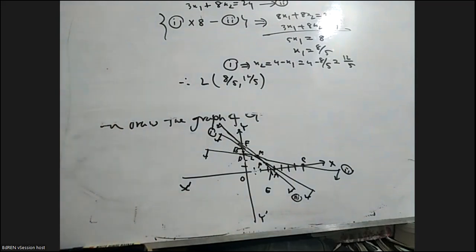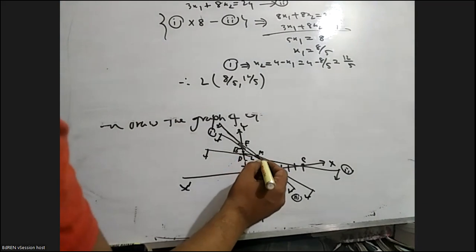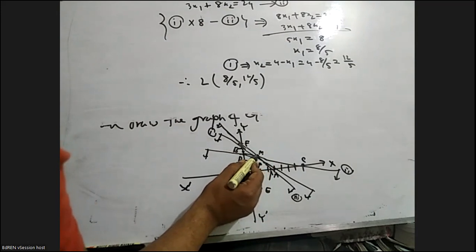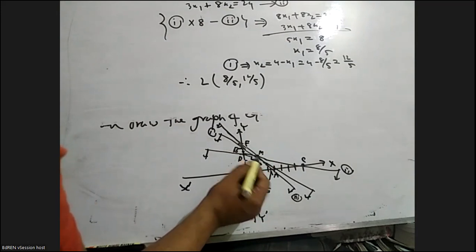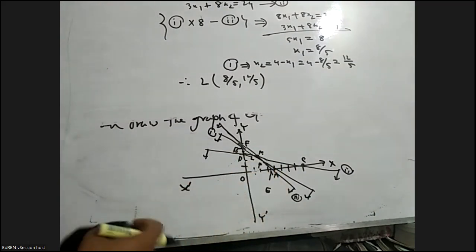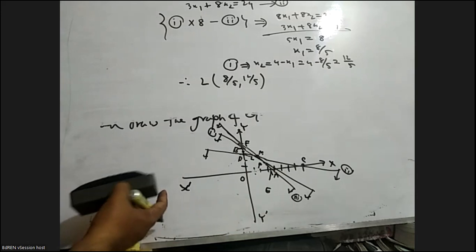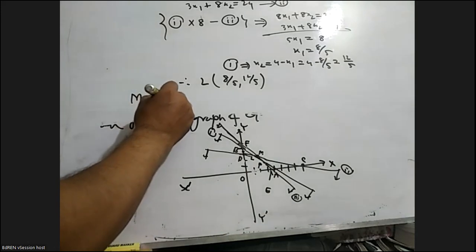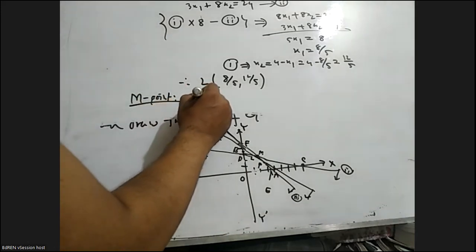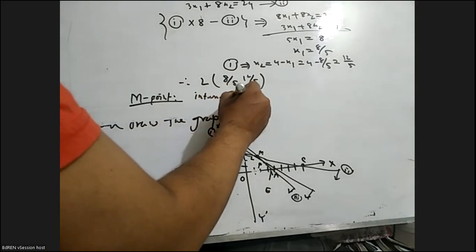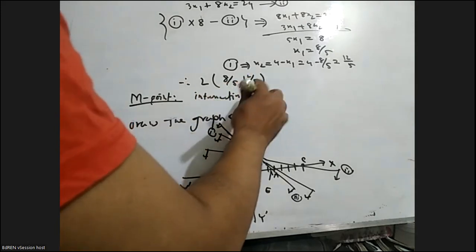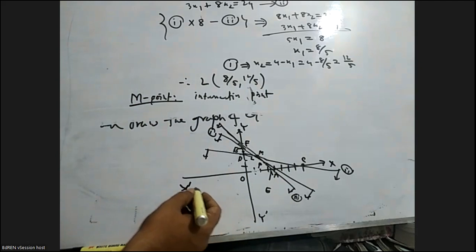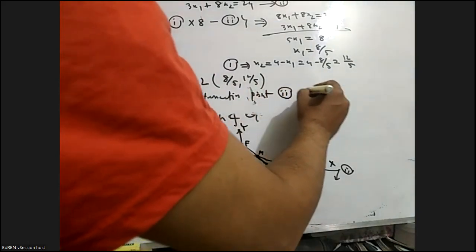Another point, M point. M point will be the intersection point of 2 and 3.